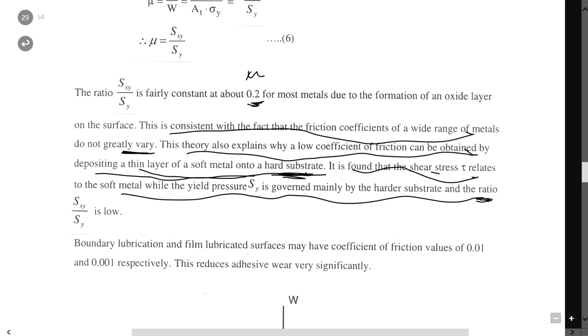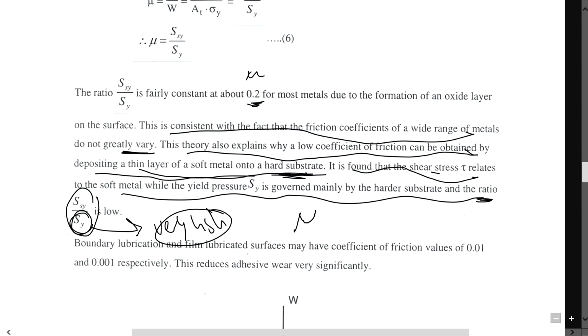In order to give this ratio low, the harder substrate must be very high. If this is very high, then you will give a so-called low coefficient. Low coefficient means that you can easily pull the thing apart, because this thing is so hard and the top material is so soft that you can just easily slice it off. You can easily move along with it, so you have no friction force against it. So the softer material, the softer the better, so that you can slide it easier.